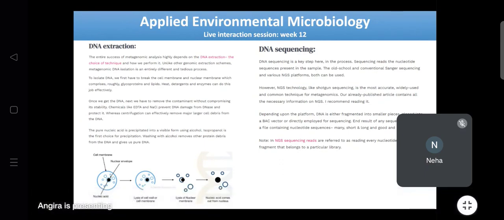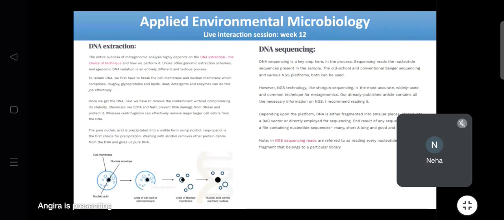So we remove the contaminants and give the DNA stability. During this time, EDTA or NaCl is used to prevent any damage to the DNA present in the lysate. Centrifugation can also be done, which removes larger cell debris, and we work only with the supernatant, which has our extracted DNA.